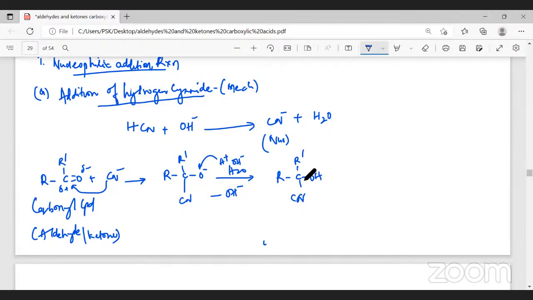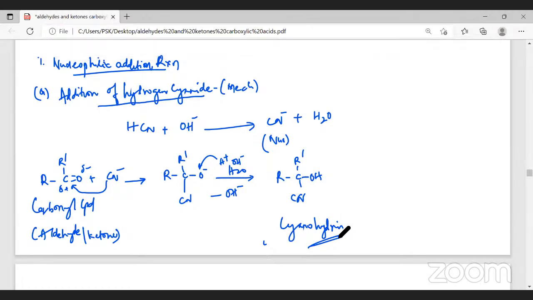These kinds of molecules, carbon having OH and CN groups, are called cyanohydrin. This is the mechanism of a nucleophilic addition reaction, and in that first one, we are learning addition of hydrogen cyanide. Did you follow this? Yes, sir.